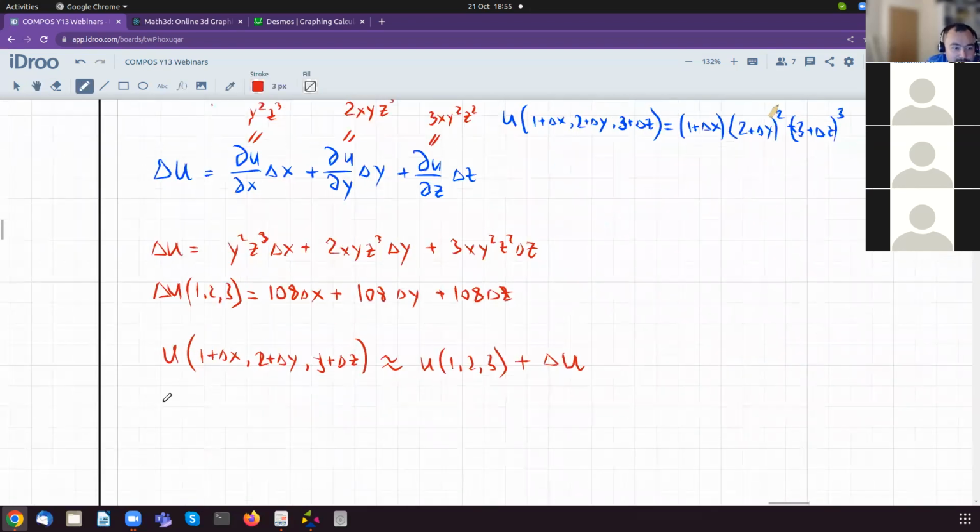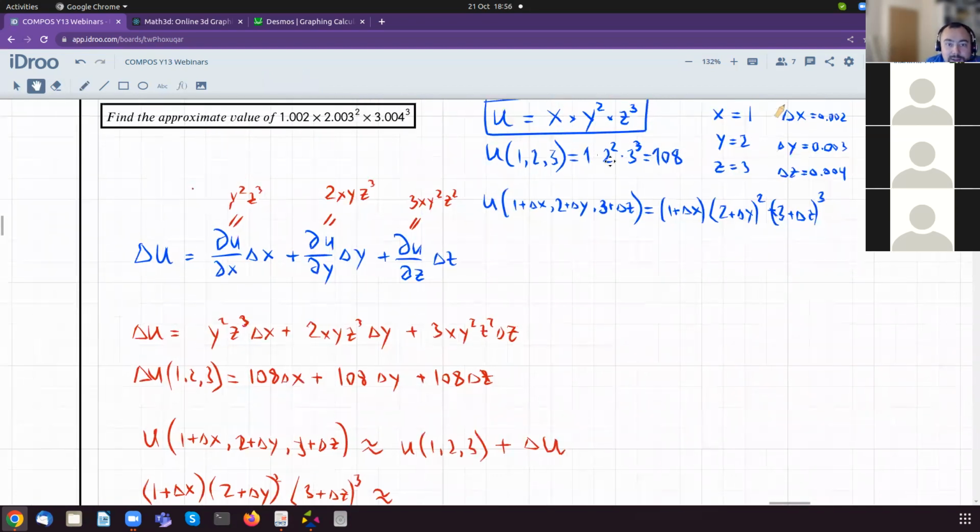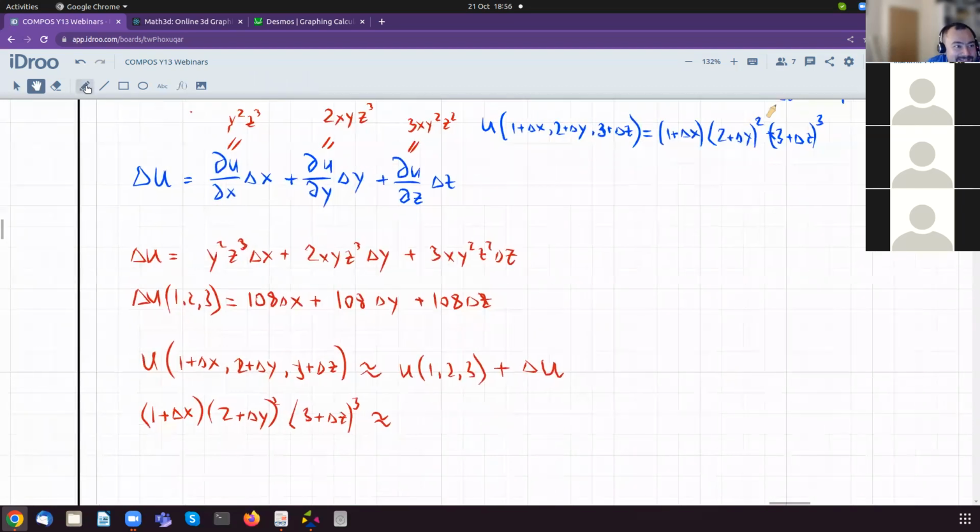Or in other words, 1 plus delta x, times 2 plus delta y squared, times 3 plus delta z cubed is approximately equal to u of 1, 2, 3, which is 108, again the magical number 108, plus delta u.